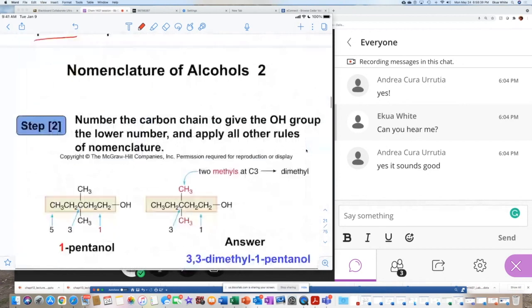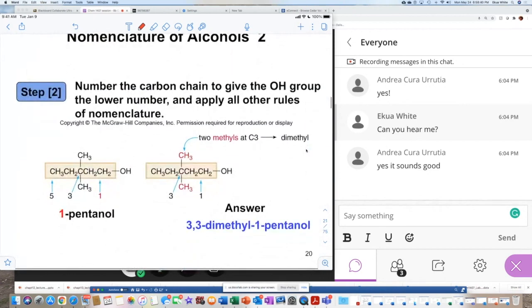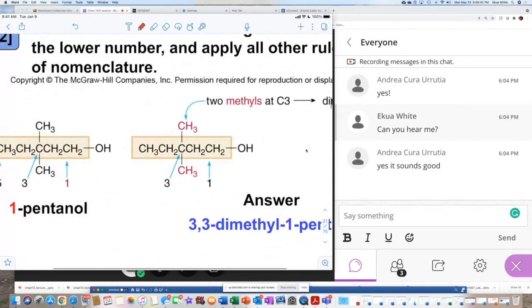Okay, let's see. Where are we? Oh, side groups. Let's not forget the side groups. Now that we've numbered these, our side groups have the same name they've had before. The one with 1 carbon is called a methyl. This is carbon 1, 2, 3, 4, 5. So both side groups are on carbon 3.